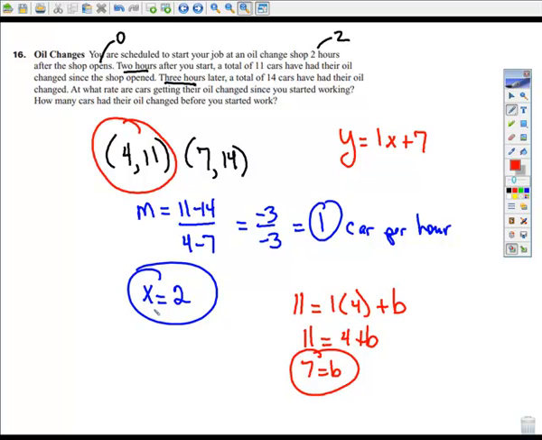Now I can go back to this portion and figure out, well, how many oil changes were done in the first 2 hours? So I'll go y equals 1 times the first 2 hours plus 7. So y equals 9. So how many cars? 9 cars had it changed before you started work.